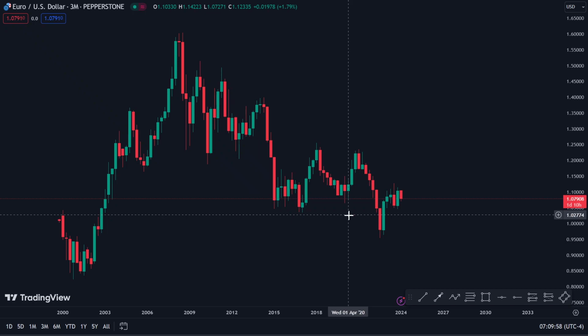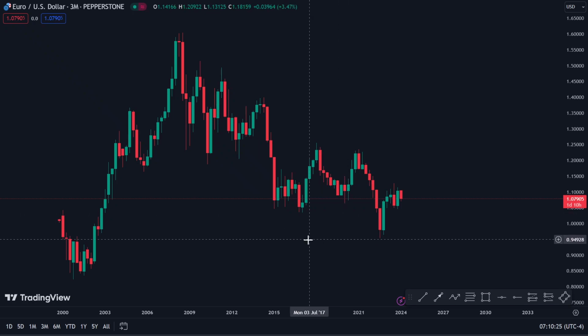And the second is to take out liquidity in the form of sell stops and buy stops. Normally sell stops are bound to be on previous lows, old lows, and buy stops on old highs.